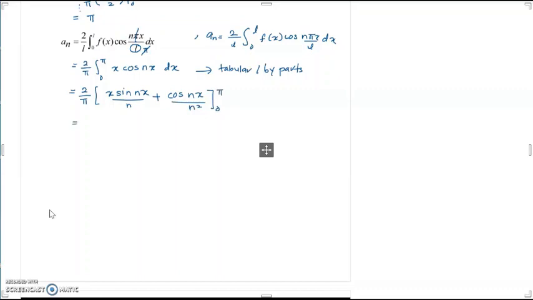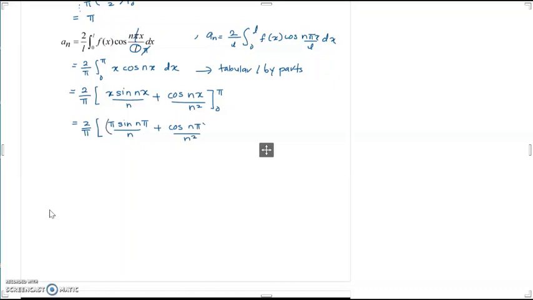So we have 2 over pi. When x is pi, we have pi sin n pi over n plus cos n pi over n squared.